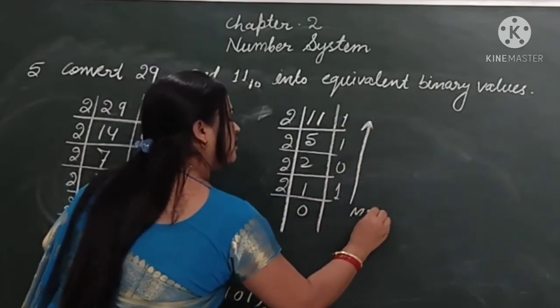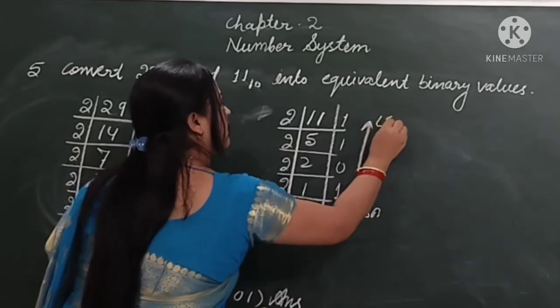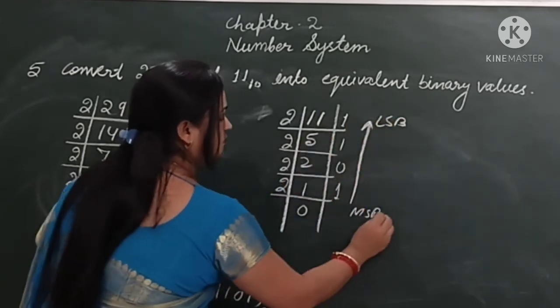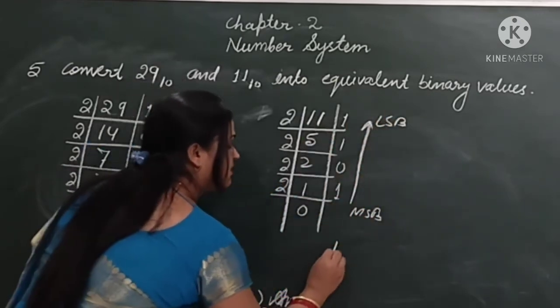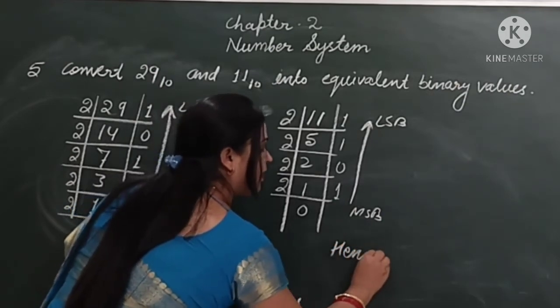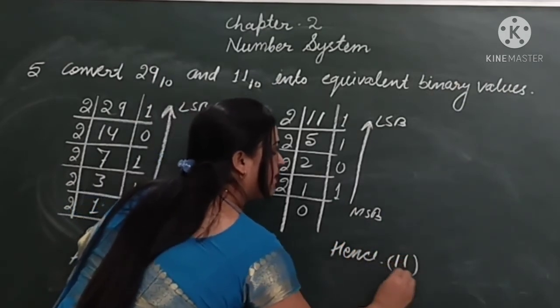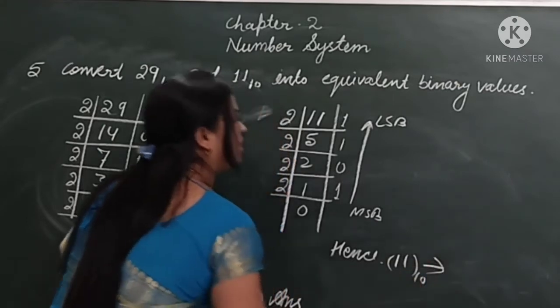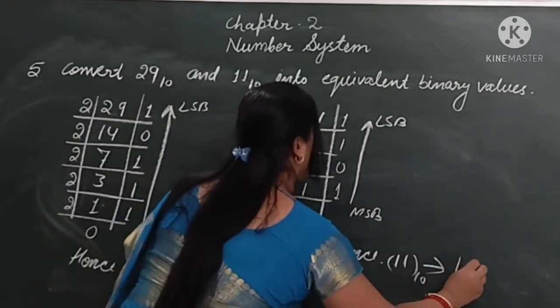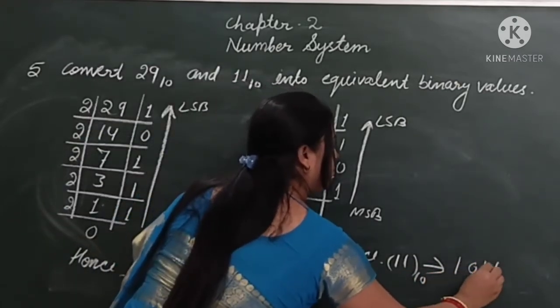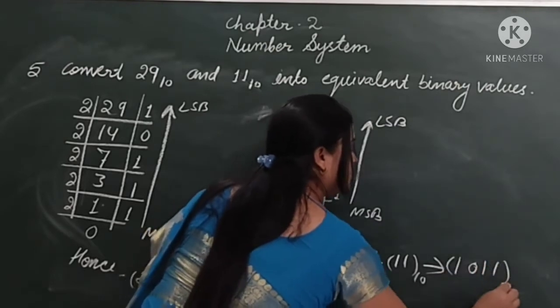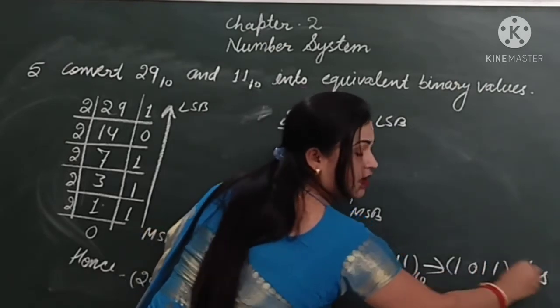Write MSB and LSB. Hence 11 base 10 is equal to 1 0 1 1 base 2. This is our required answer.